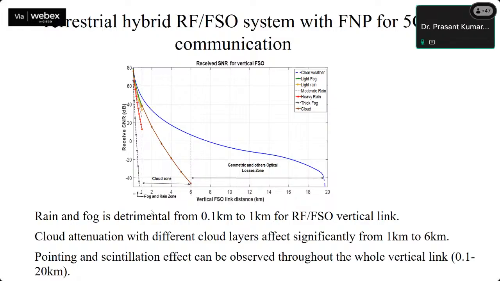Similarly, if it is cloud, this effect is from 1 kilometer to 6 kilometers. And the pointing and scintillation effects can be observed throughout the vertical link. That is, the higher you fly, you will observe the entire impairments over the link design. So here is the vertical link, which is tried up to 20 kilometers.